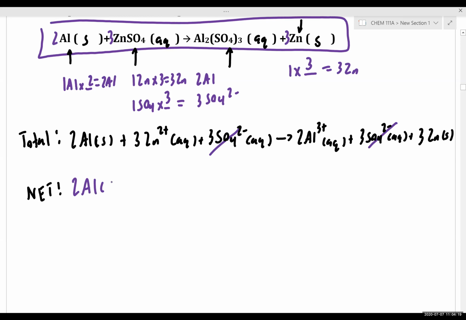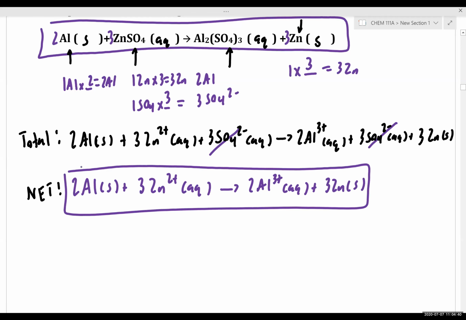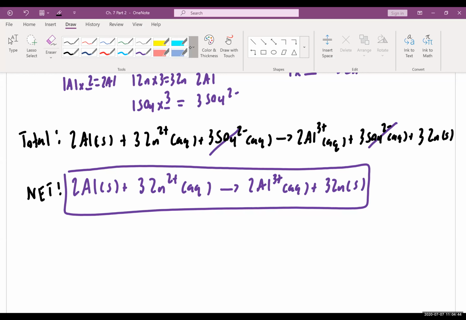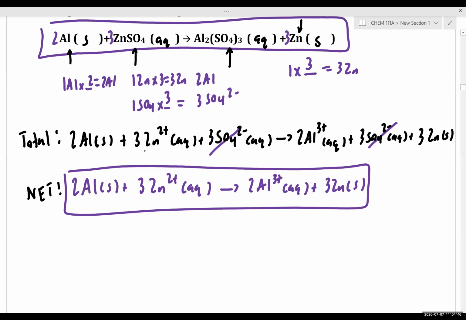So for our net ionic equation, we get 2 aluminum plus 3 zinc 2+ leads to 2 aluminum 3+ aqueous plus 3 zinc solid. So here is our net ionic equation. And this example was done perfectly by the class. The responses I see in the chat and via the annotate feature were quite good.